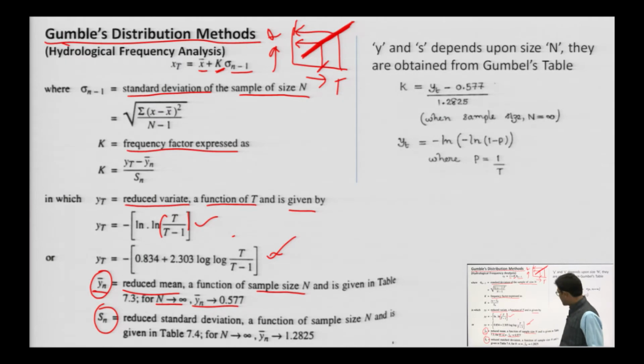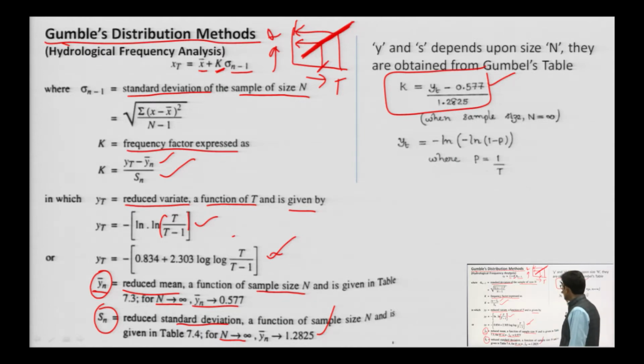For higher sampling values, we can take it as 0.577. The reduced standard deviation, for a higher sample size, is also 1.2825, so this expression has been replaced by this one.